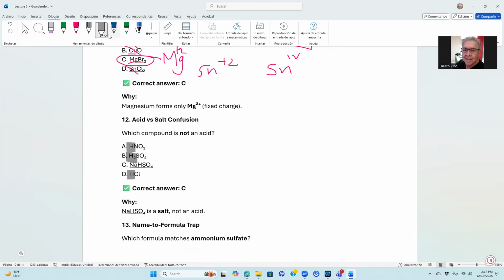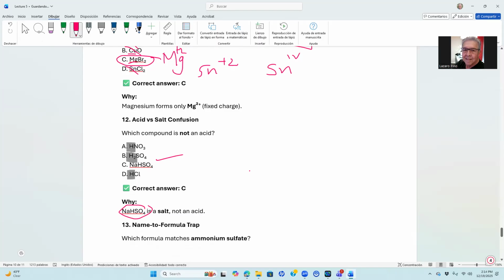Of course, the only one that does not have hydrogen at the beginning is this one. So, these three in gray are acids, and this is a salt, sodium bisulfate. This is not an acid.